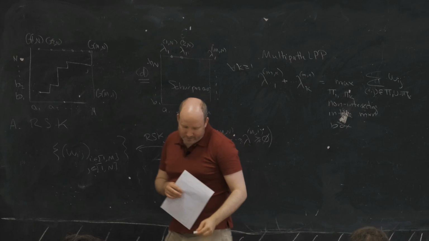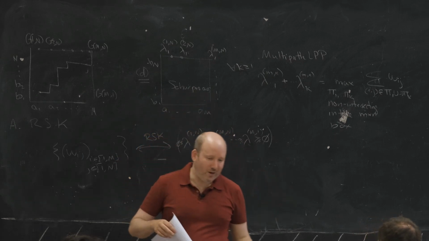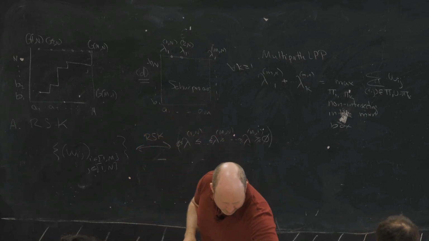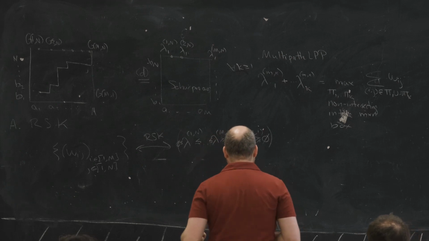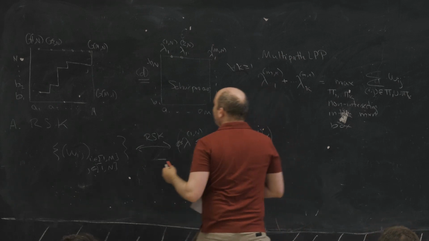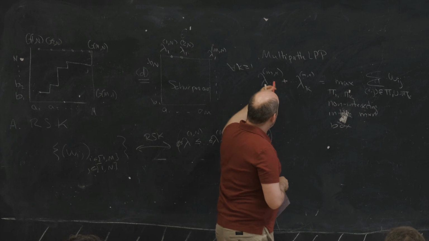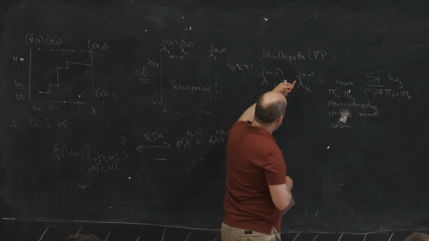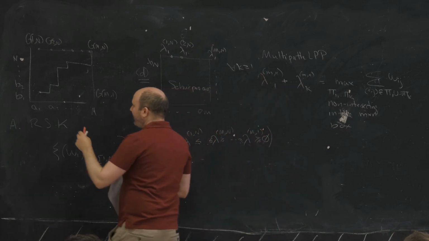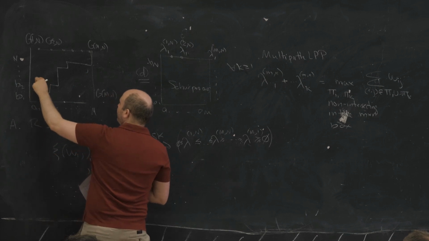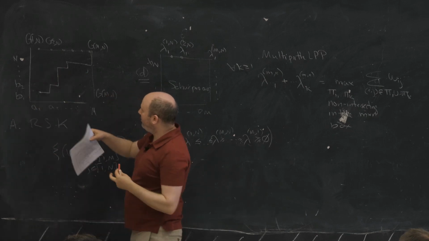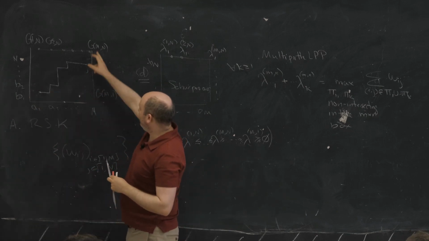Okay? And that I can compute, for a given weight matrix, I have a number, and that's what I call lambda 1 super Mn. Now, in order to get lambda 2, I actually compute lambda 1 sub 1 plus lambda sub 2, and the way that I compute that is I look over all pairs of disjoint paths that go in this rectangle.